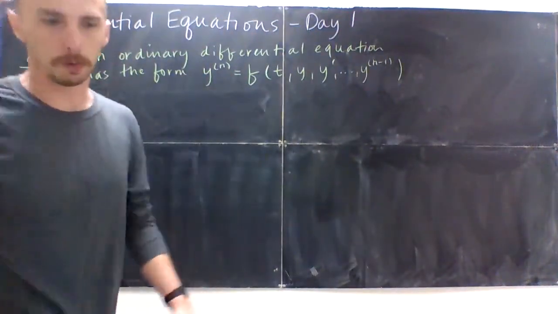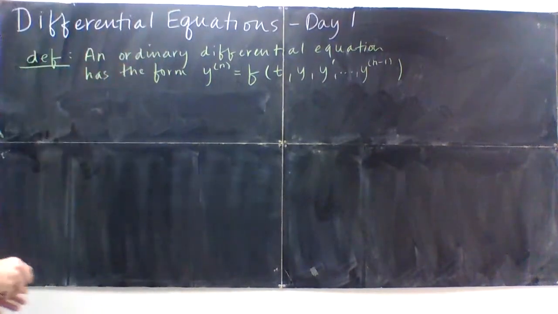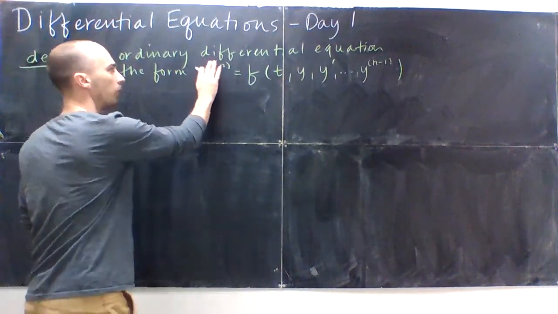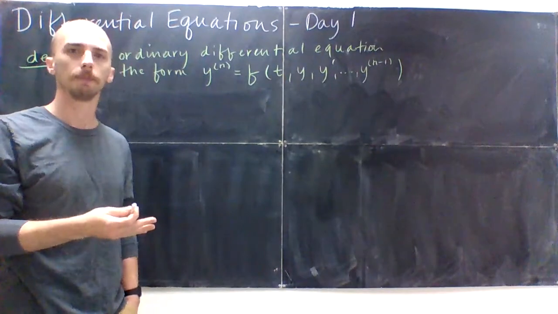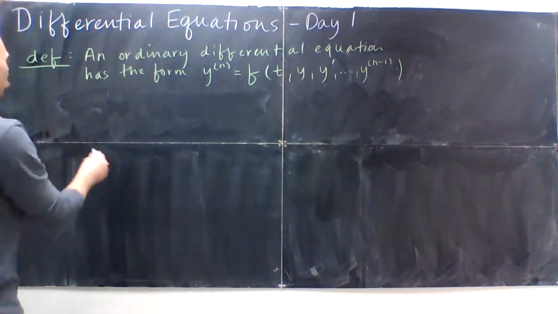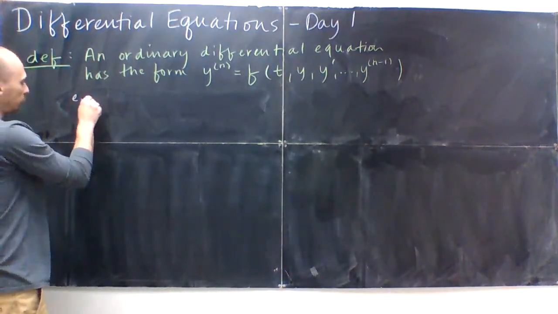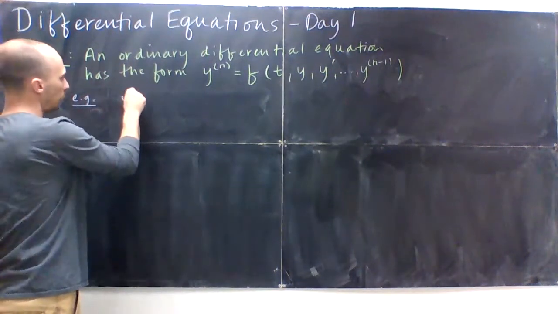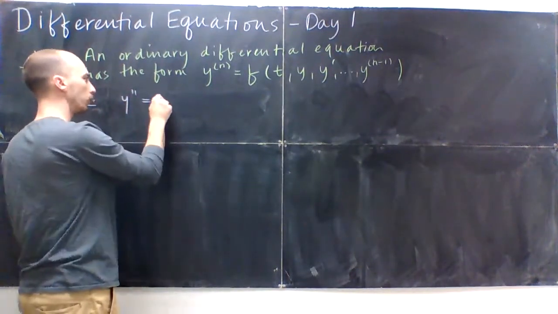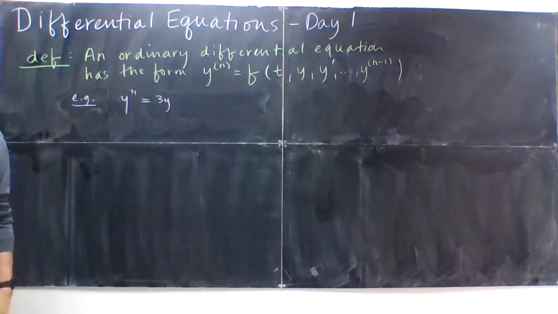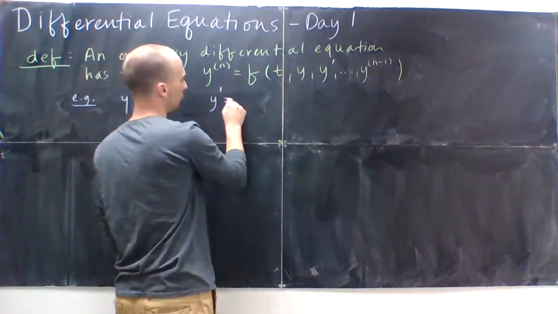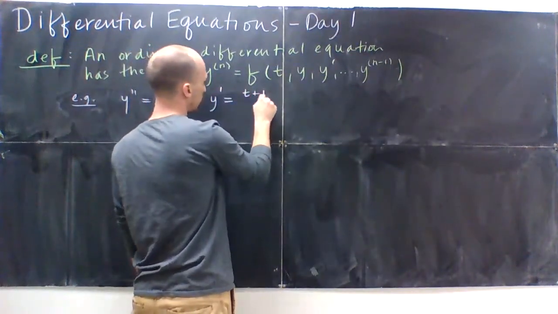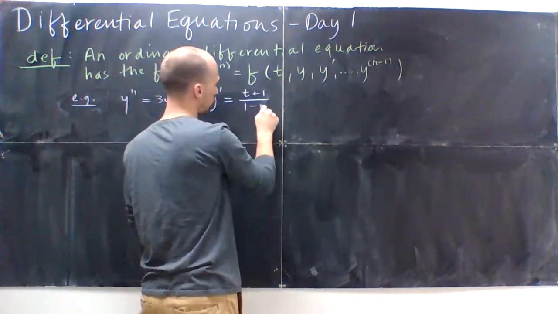Okay, so an ordinary differential equation is just where we're given the nth derivative in terms of lower order derivatives, y, and t. So for example, something like y double prime is equal to 3y. Maybe y prime equals t plus 1 over 1 minus y.